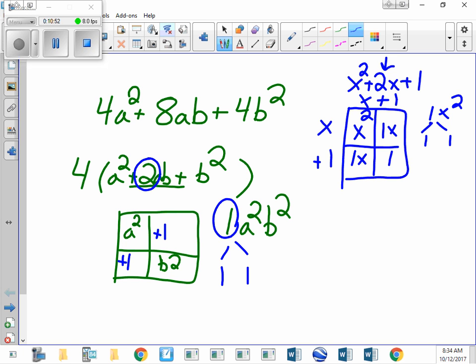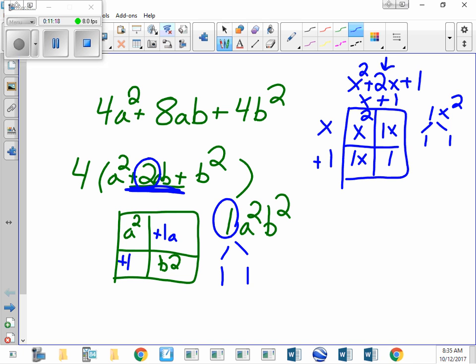Now for the tricky part, what do I do with the a's and the b's? Well, they need to add to be 2ab. So what would the factors be? 1ab and 1ab.